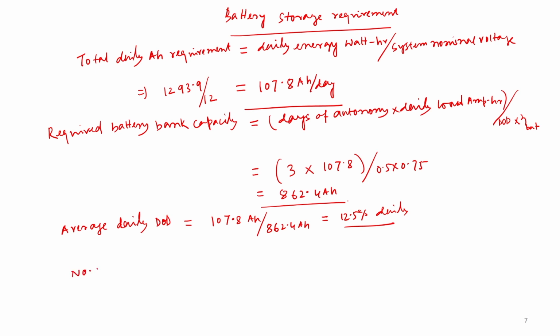The number of batteries in series connection will be the total voltage, 12 volt, divided by the 12 volt rating. So, this is 1 battery. The number of batteries in parallel will be 862.4, the required battery bank capacity, to the individual battery capacity of 100.